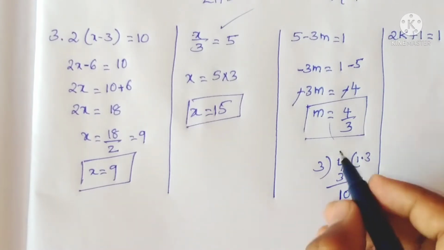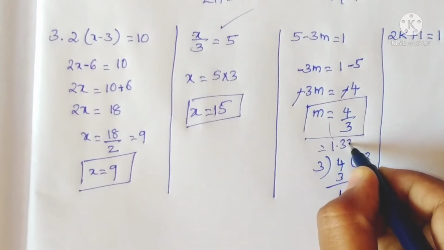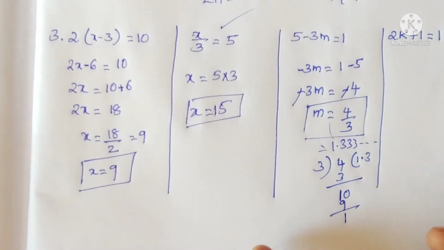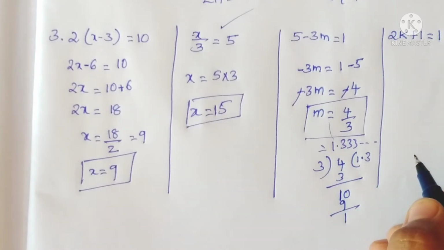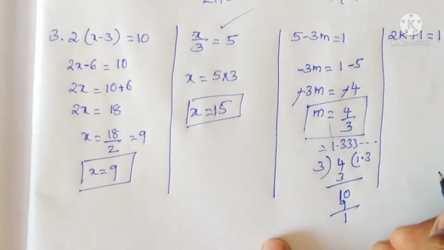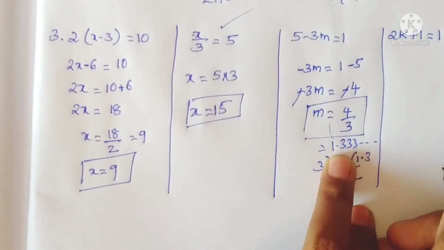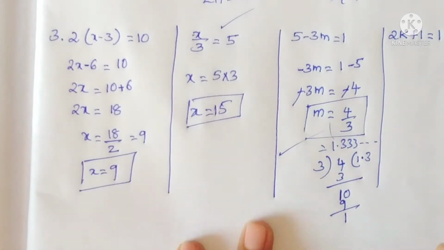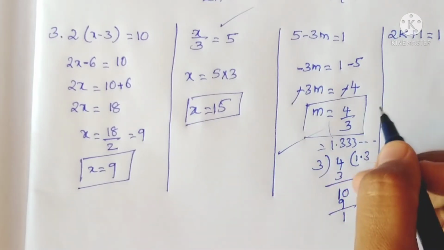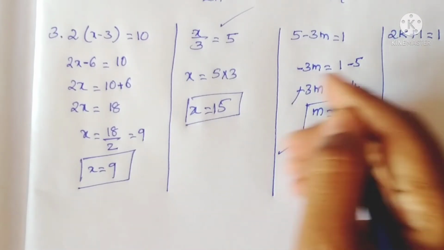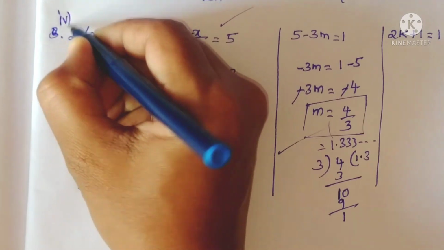It continues like that. So 1.333 is not an integer, right? Integers mean natural numbers, negative numbers and 0. But it is in fractional form, so it is not an integer. So option C is correct for this fourth one.